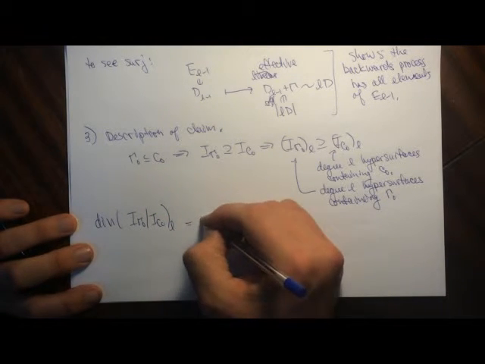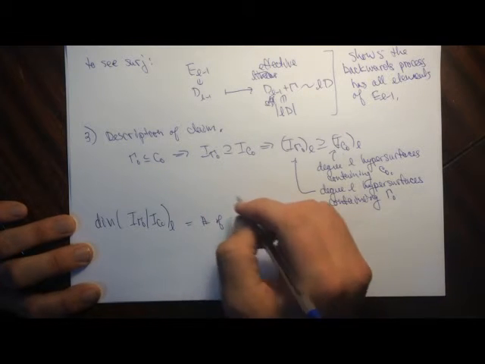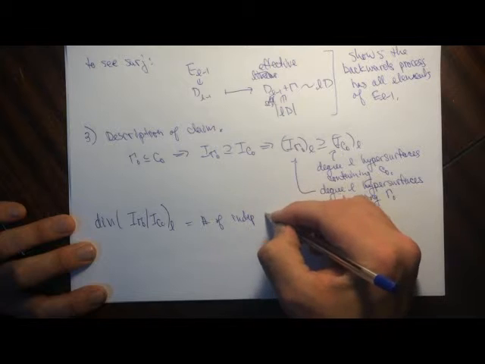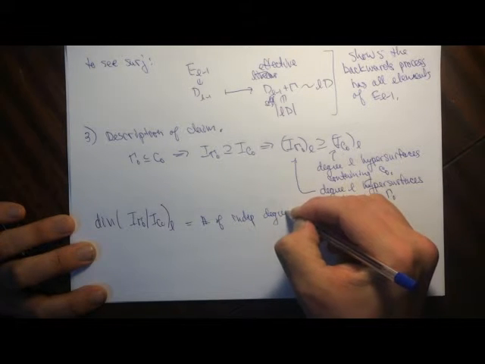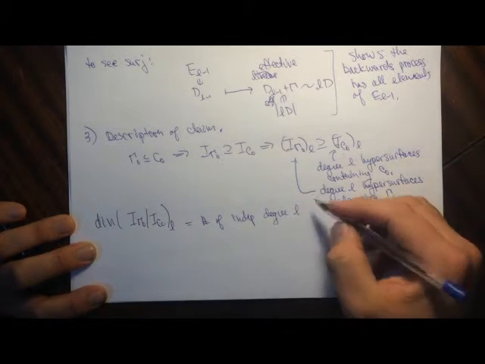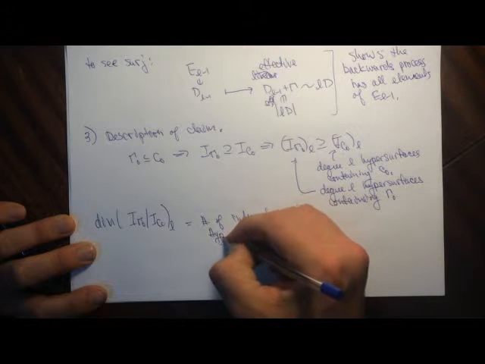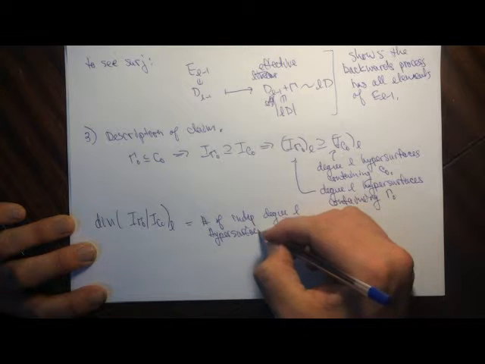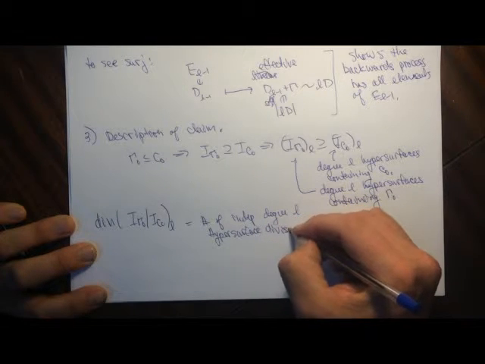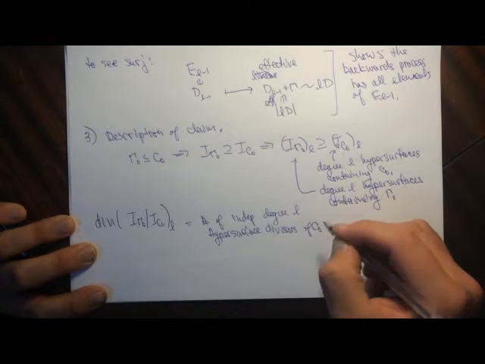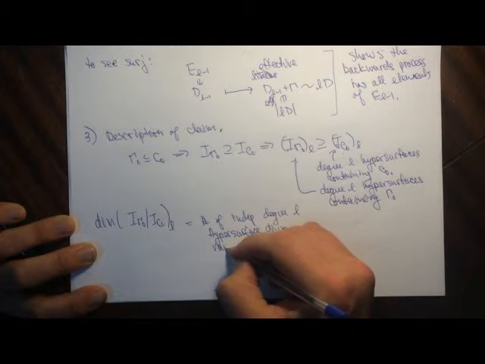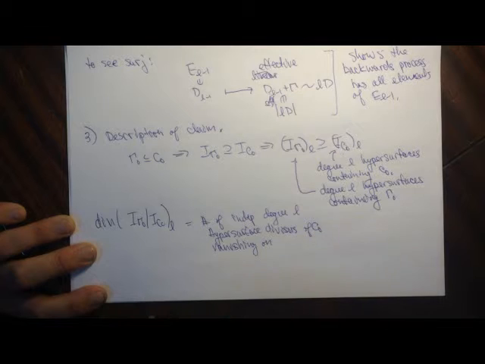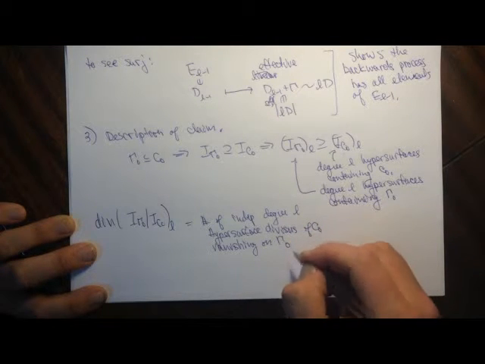So this is equal to the number of independent degree L hypersurface divisors of C_0 vanishing on gamma_0, right?